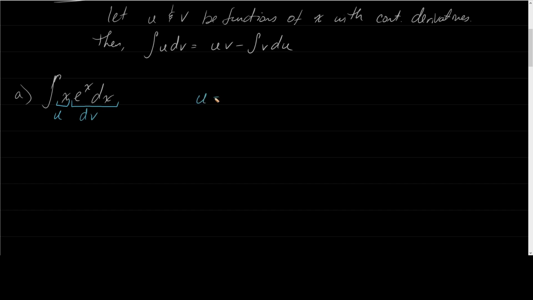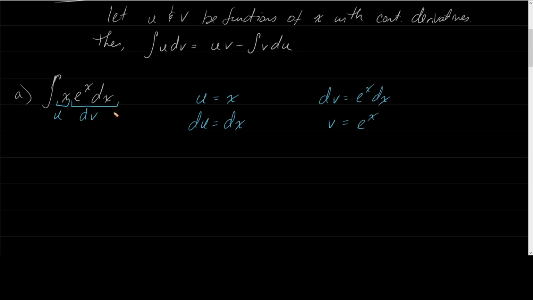So u is just x, and dv is e to the x dx. From u, we want to figure out du, which is just dx. On the other side, we want to figure out v, so it will be the integral of this. The integral of e to the x dx is just e to the x.